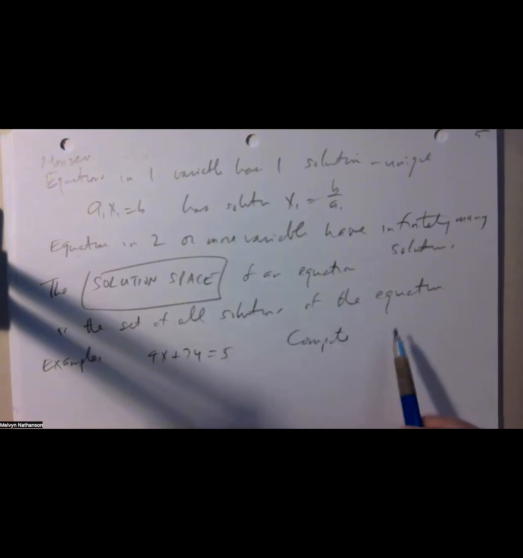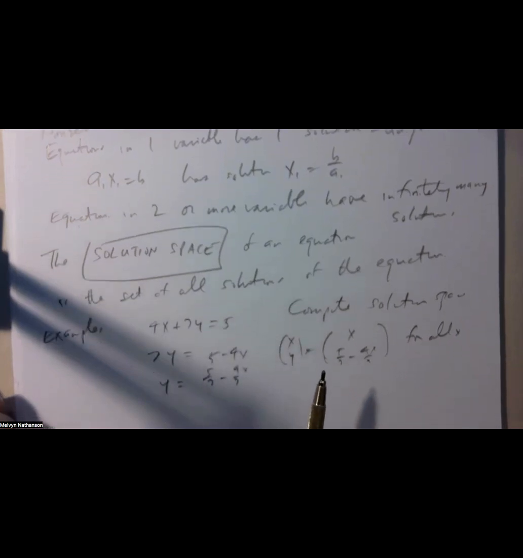We want to compute the solution space. So you could say, well, 4x plus 7y is 5, 7y is 5 minus 4x. So y is 5/7 minus 4/7 x. So your solution (x, y) has to be x, and then y is equal to 5/7 minus 4x over 7, for all x.